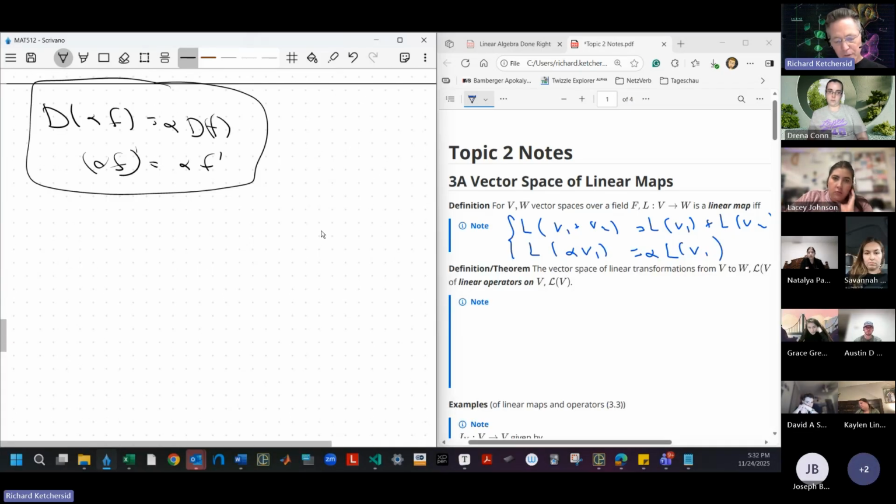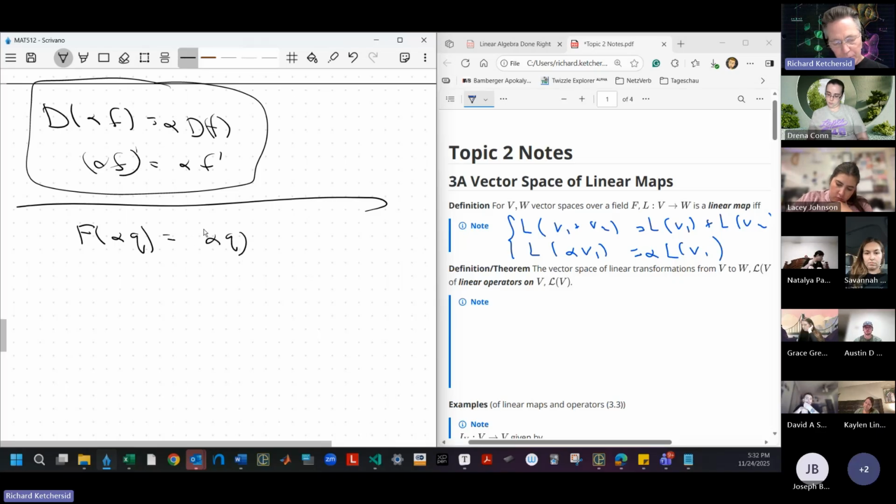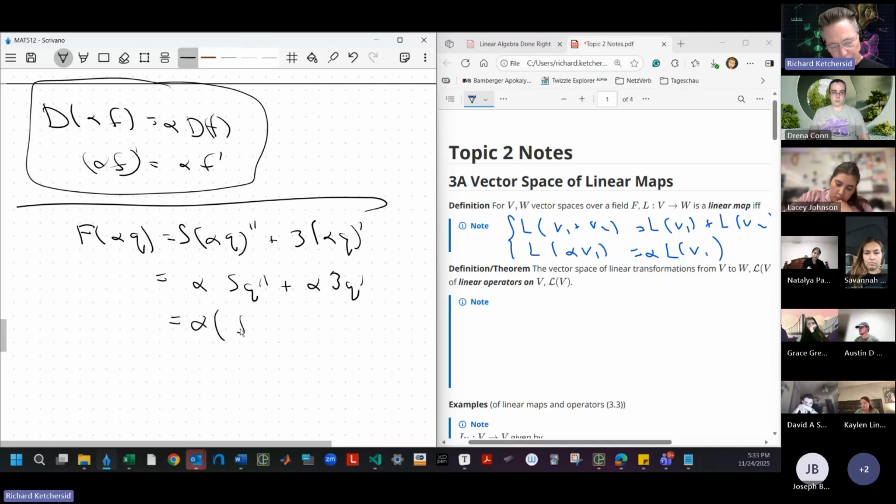Does it also preserve the scalar property? Of course. So f of alpha q is 5 alpha q double prime plus 3 alpha q prime. But that's clearly the same as alpha times 5q double prime plus alpha times 3q prime. And that's alpha times 5q double prime plus 3q prime. And so that's alpha f of q.